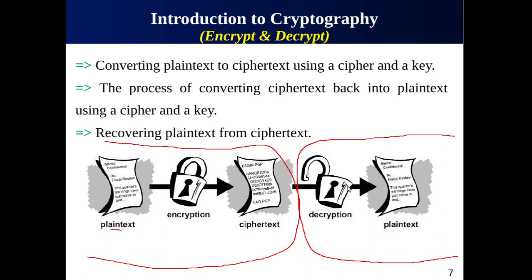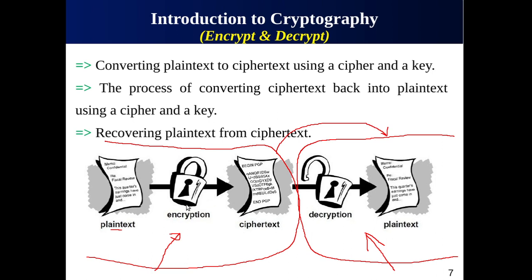This process happens at the sender side, and the decryption happens at the receiver side. The receiver will be interested in the plain text again, not the ciphertext, so he or she will need a mechanism to decrypt this ciphertext into plain text.